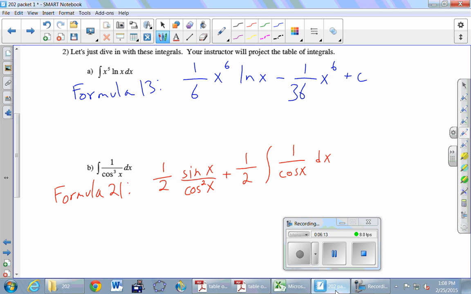Okay, so can somebody confirm that? I'm relying very heavily on you guys for these formulas. So that looks okay? Okay, so we've traded 1 over cosine cubed inside of an integral for 1 over cosine, which seems better, right? That's an easier thing inside of the integral.